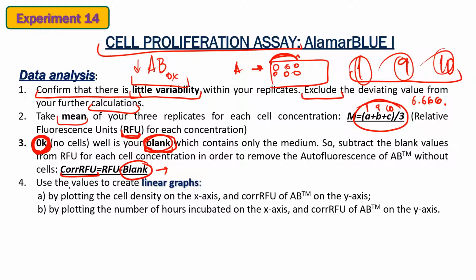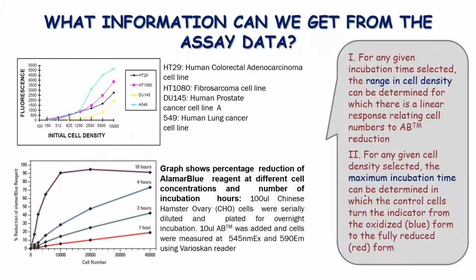And these corrected values should be used in the plotting of the linear graphs. So for the cell densities, you use the x-axis, and for the corrected RFU, you use the y-axis. This is how you actually do the plotting. You could also use the number of hours for the x-axis and corrected RFU for your y-axis. So here are different types.